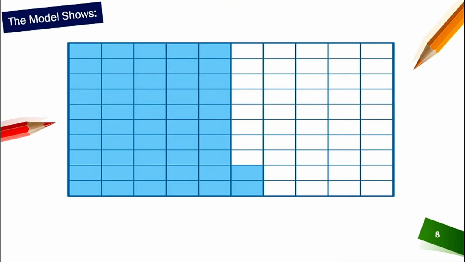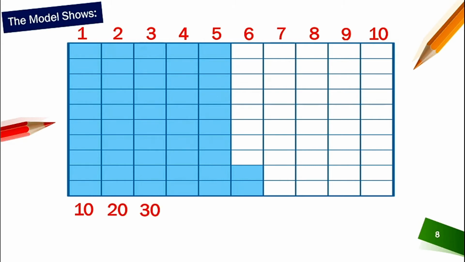Together, let's count the columns. We have 1, 2, 3, 4, 5, 6, 7, 8, 9, and 10. The same thing, we have 10 columns, and also we have 10 small boxes in each column. So we have 10, 20, 30, 40, 50, 60, 70, 80, 90, 100 small boxes. How many small boxes were shaded? It's 52.